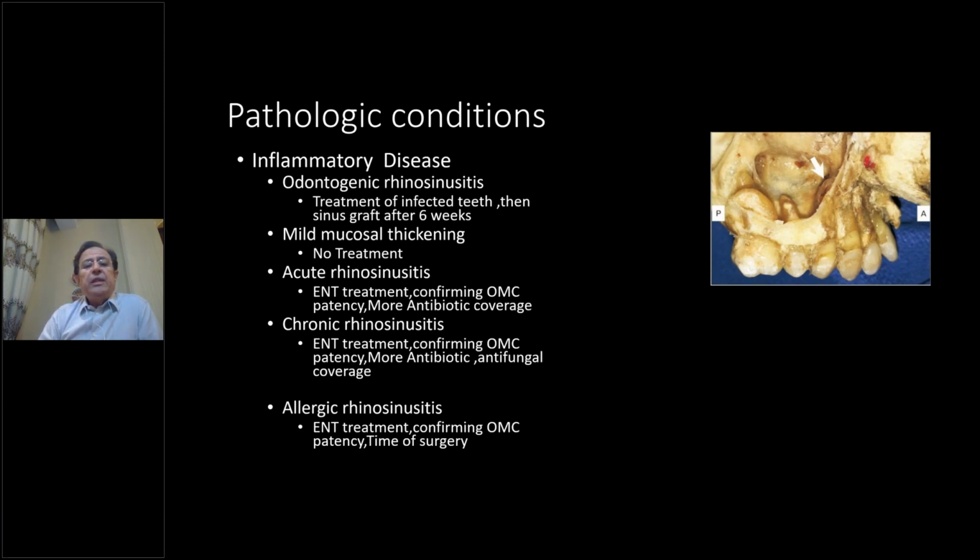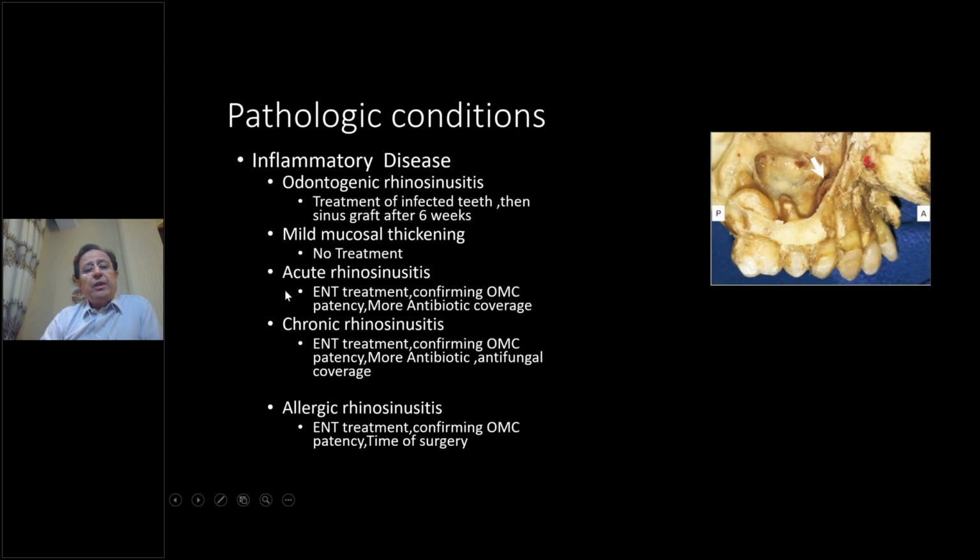The mild mucosal thickening is detected very easily in the CBCT scan, but acute rhinosinusitis, chronic rhinosinusitis, and allergic rhinosinusitis do not have any specific view in the CBCT scan, and we must have a good history of the patient to diagnose.